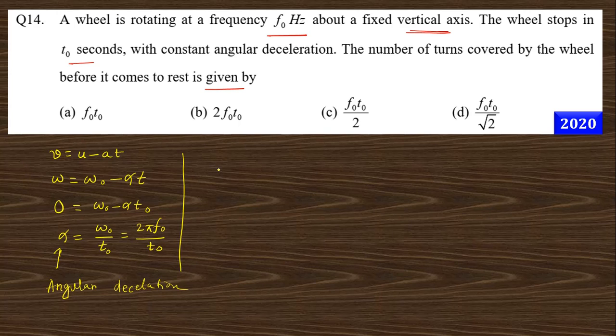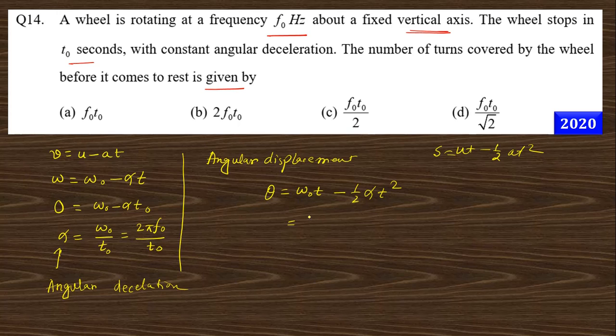And what will be the angular displacement? The theta will be nothing but, just remember this formula, ut minus half at squared. So this will be omega 0 t minus half alpha t squared.